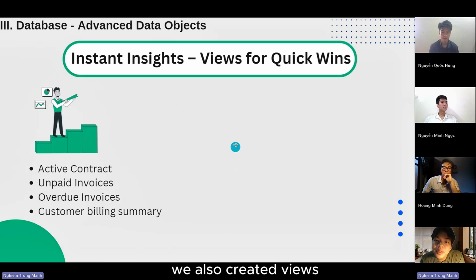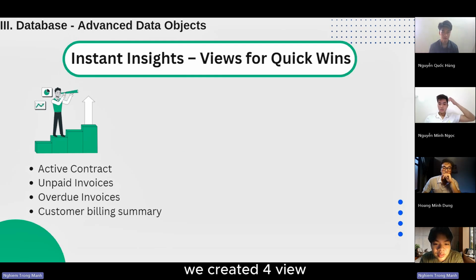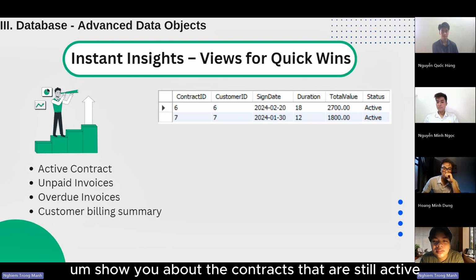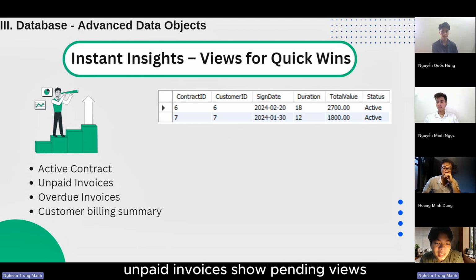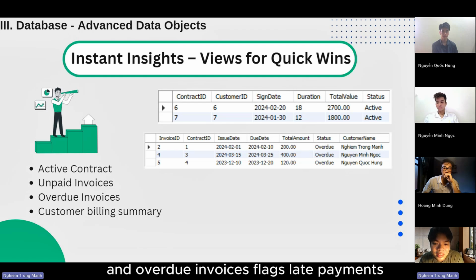We also created views. Views are like dashboards for your business. We created 4 views. Active contracts shows you the contracts that are still active. Unpaid invoices shows pending bills, and overdue invoices flags late payments.